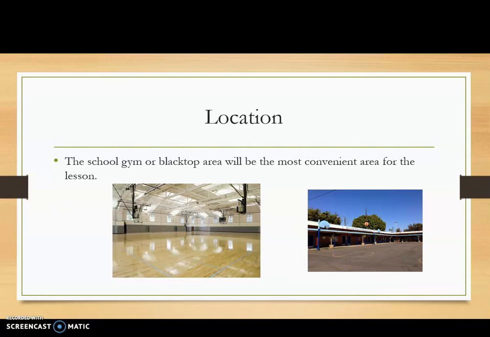Like I had said previously for the materials, a basketball court, the location, like the school's gym or blacktop area, will be the most convenient area for the lesson. It does not need to necessarily be next to a basketball hoop, just the court anywhere on campus, or just a space of blacktop. If there's no court on campus, just a blacktop area or a gym that has enough space for students to dribble a basketball as well as move around a little bit.